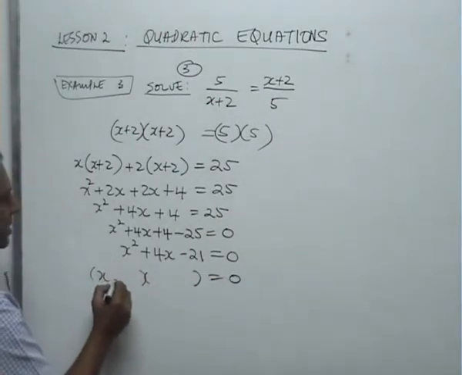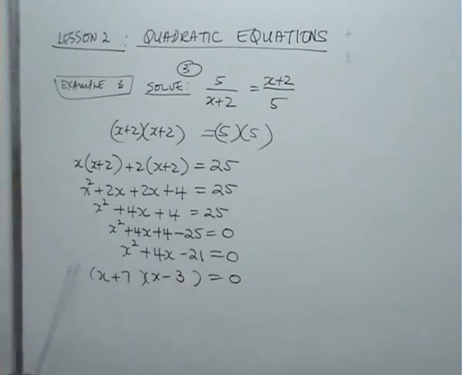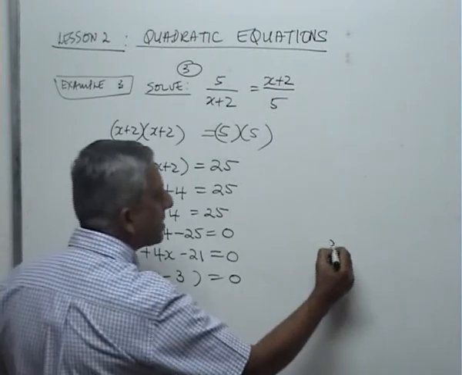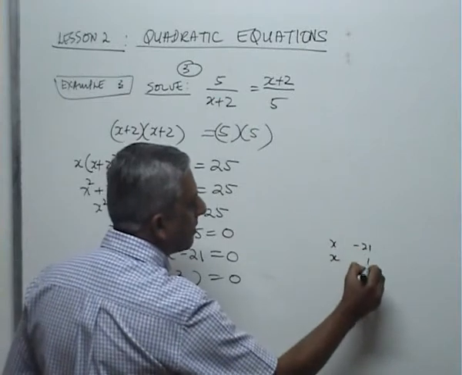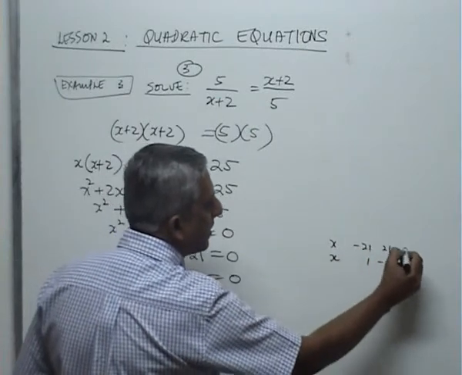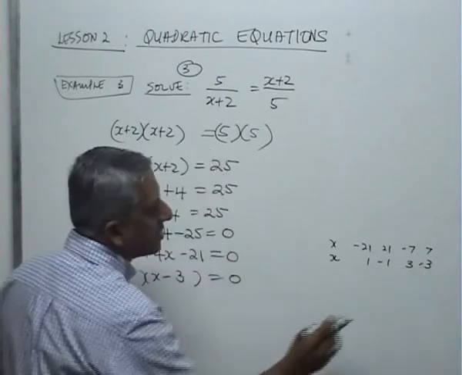So this will be x plus 7 into x minus 3. When you factorize that, you get x plus 7. You see, you got x, and you got x, and then you got minus 21 times 1, or 21 times minus 1, or minus 7 times 3, or 7 times minus 3.